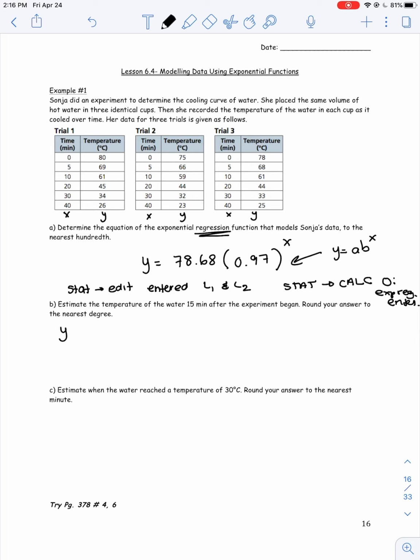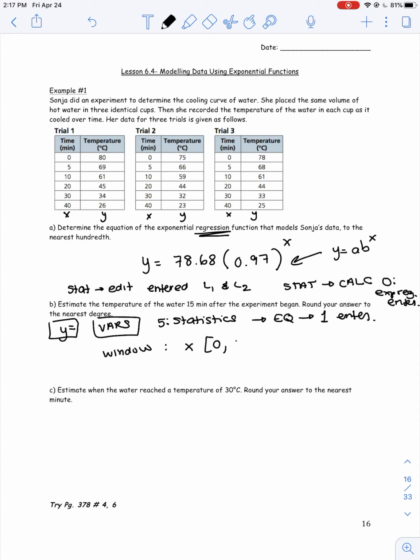For B, I went to y equals, I pressed that button, then I pressed vars, then I pressed number 5 for statistics, and then it took me to a menu where I went to the right until I got to EQ, and then I picked number 1, press enter. And what that does is it graphs it for you, and you just have to adjust your window. So the window that I chose was, for X, from 0 up to 40, because that was my time.